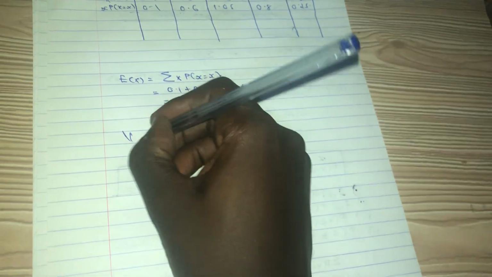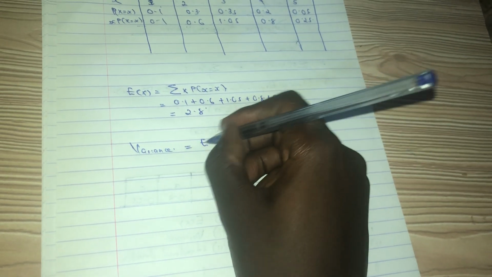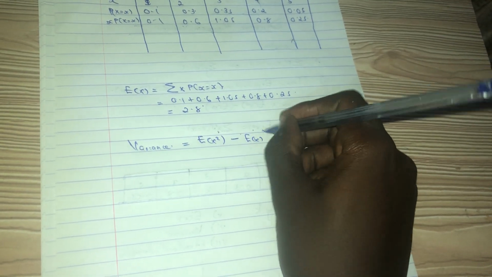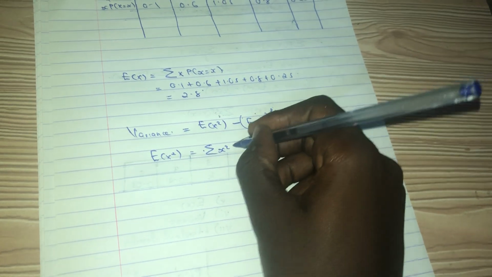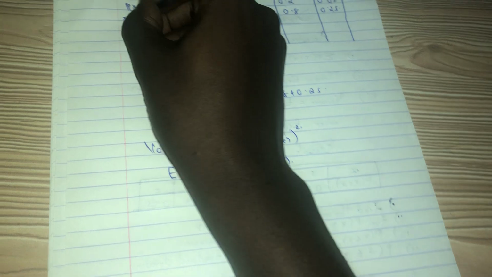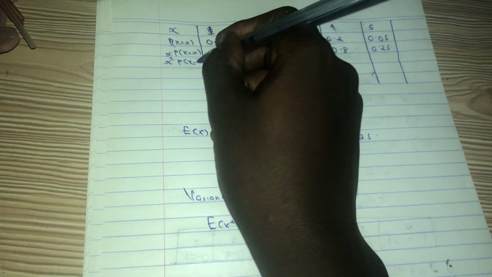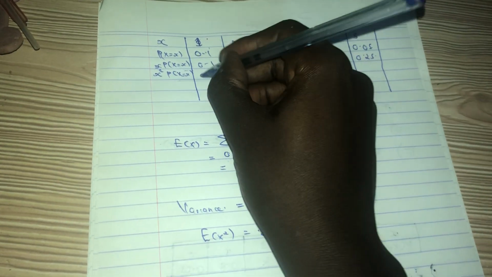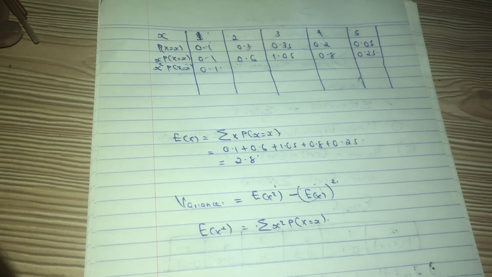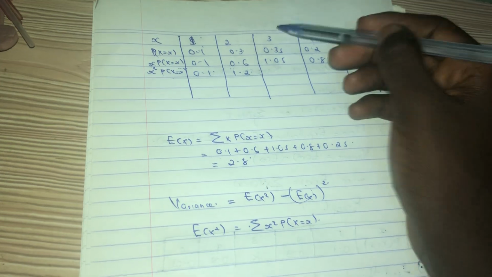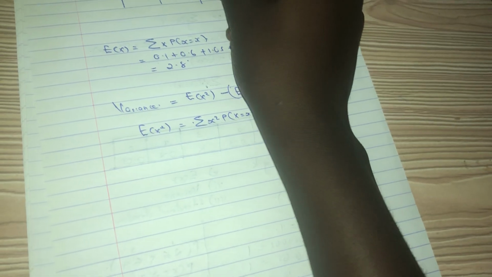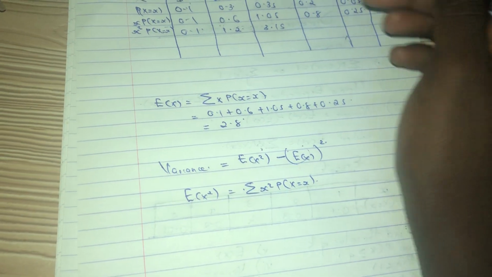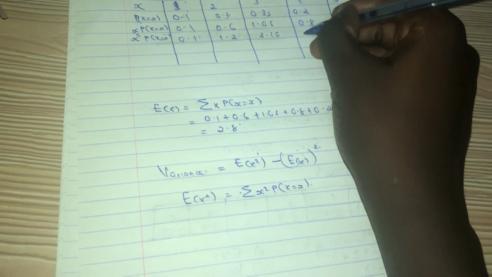And then next, they told us to find our variance. My variance is E of x squared minus E of x, squared. We already have E of x, so to get E of x squared, we take the summation of x squared times P of x. Are we together? That means we square x and multiply by the probability. So 1 squared times 0.1 is 0.1. 2 squared is 4, 4 times 0.3 gives 1.2. 3 squared is 9, 9 times 0.35 gives 3.15. 4 squared is 16, 16 times 0.2 gives 3.2.